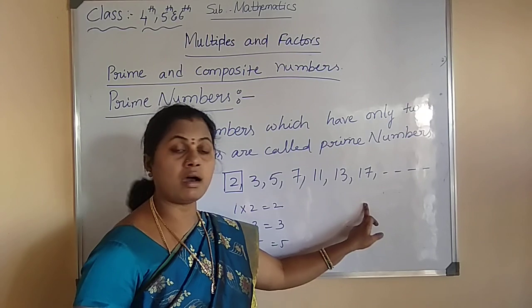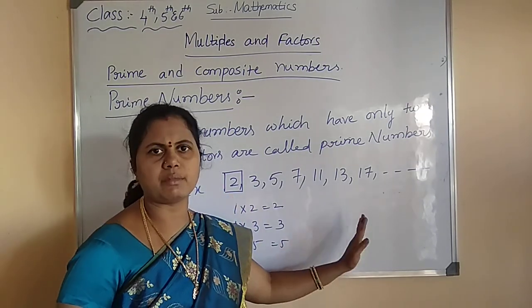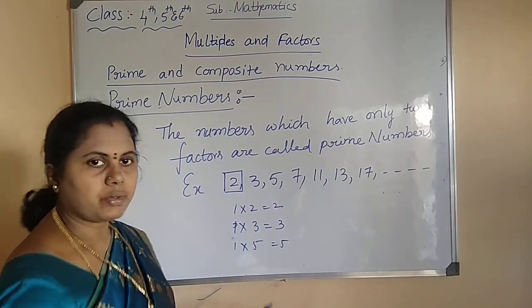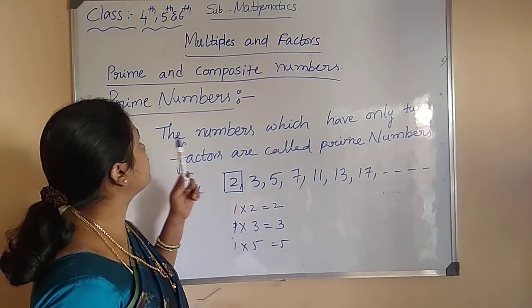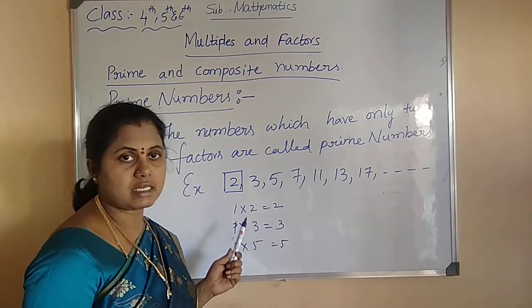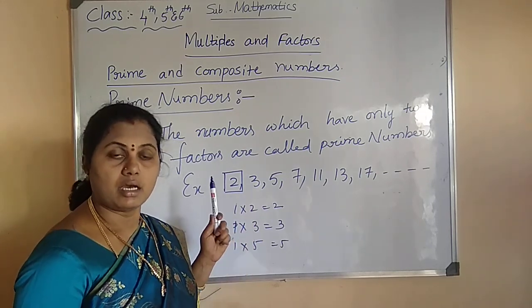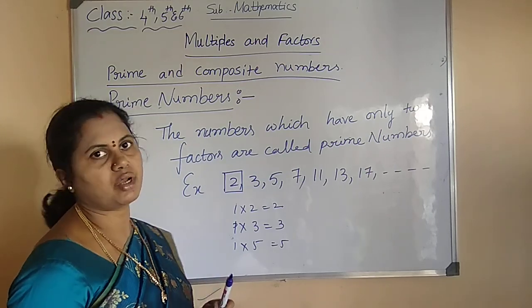Other than 2, remaining all prime numbers are odd prime numbers. This is the important thing you have to remember. This is important for 4th, 5th, 6th, and not only for these classes; this 1 and only 1 even prime number is 2 is important for 10th annual examination also.